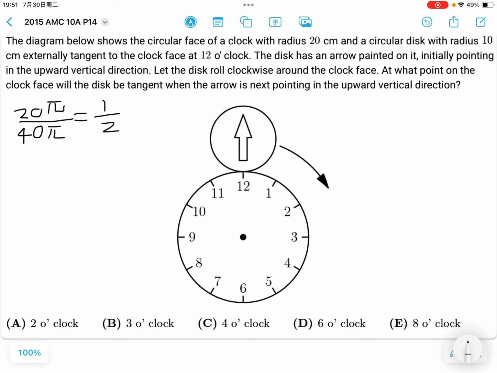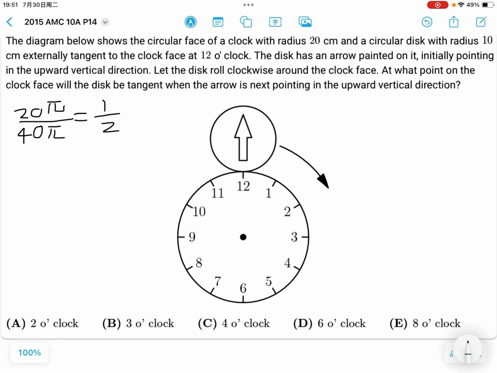The key here is that you have to realize that we want to know at what point on the clock face the disc will be tangent when the arrow is next pointing upwards. So maybe 2 o'clock is one of our options, right? Maybe at 2 o'clock, my disc was tangent like that, and my arrow is pointing upwards.